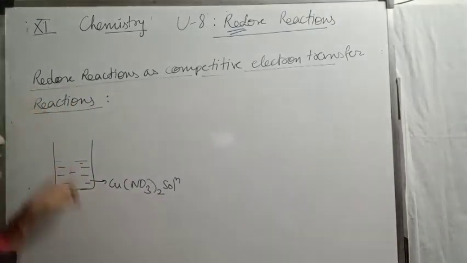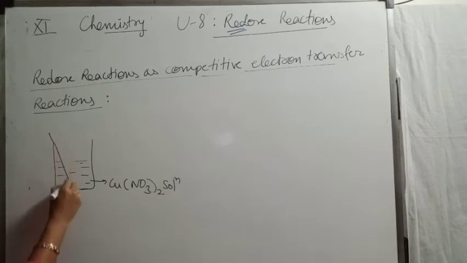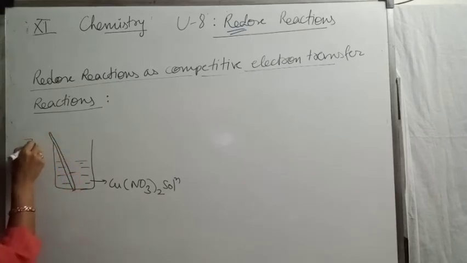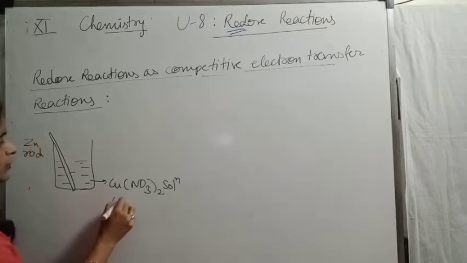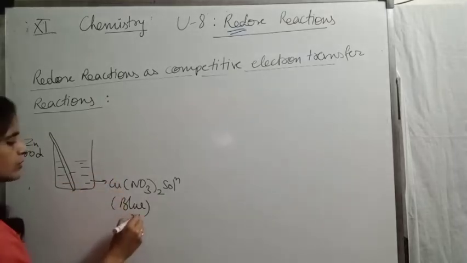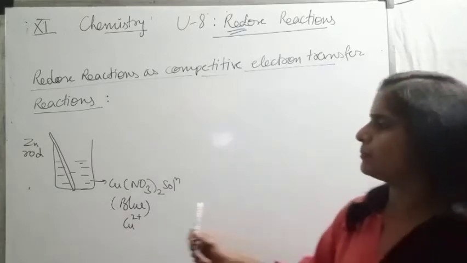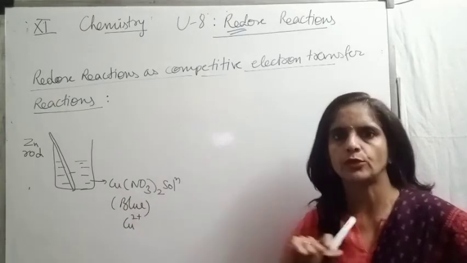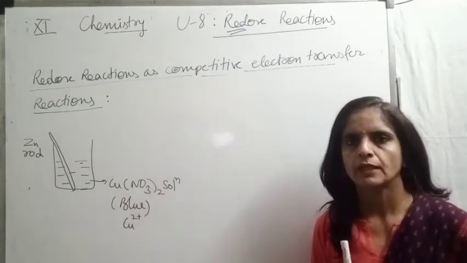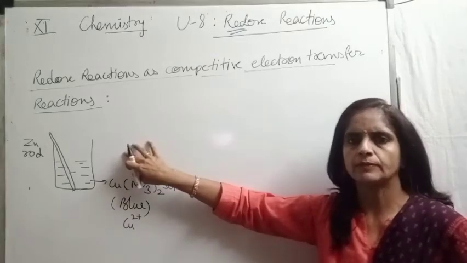And to this aqueous solution of copper nitrate, we place a zinc rod. The solution is blue due to the presence of cupric ions. Children, cupric ions impart blue color to the solution. Remember this concept. And leave this setup for some time.